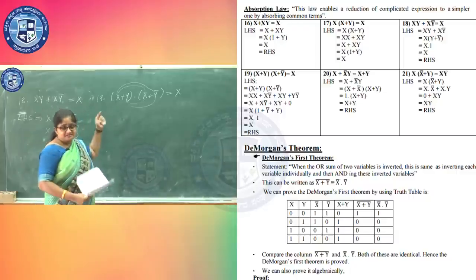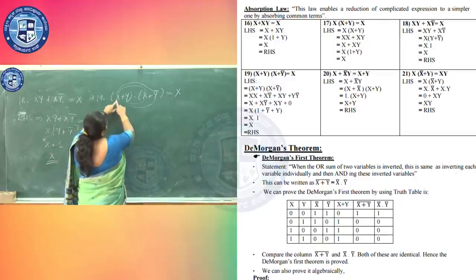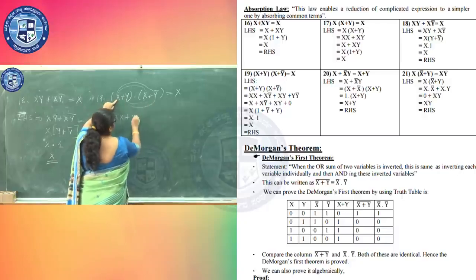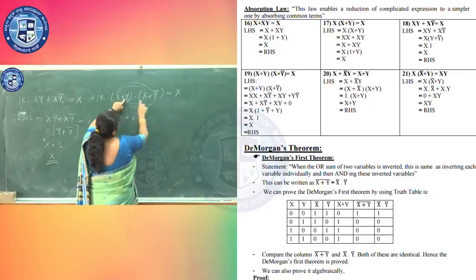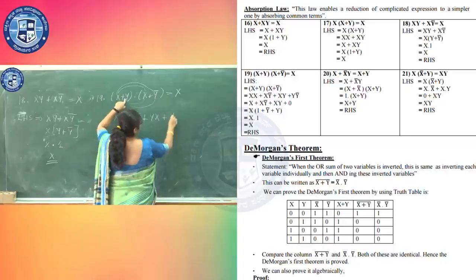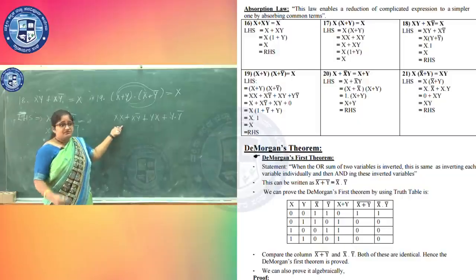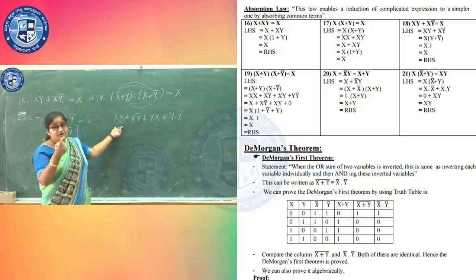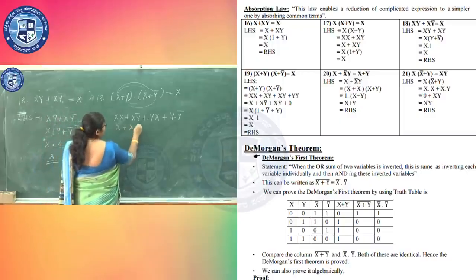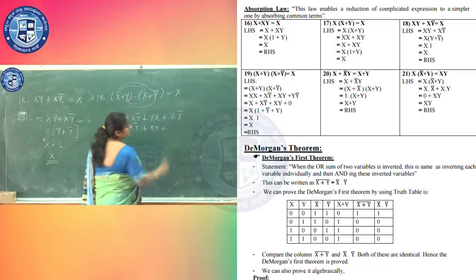Always make a habit of putting such arrow marks so that it will be easy for you when you are learning and also when you are solving. x into x plus x into y dash plus y into x plus y into y dash. x into x is x, so we get x plus xy dash plus xy plus y into y dash.